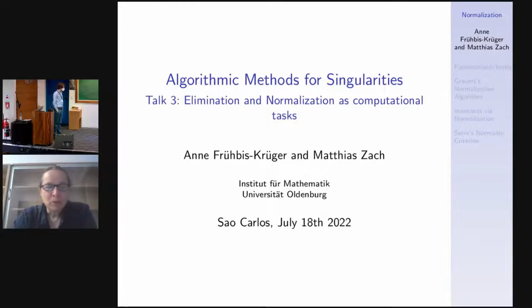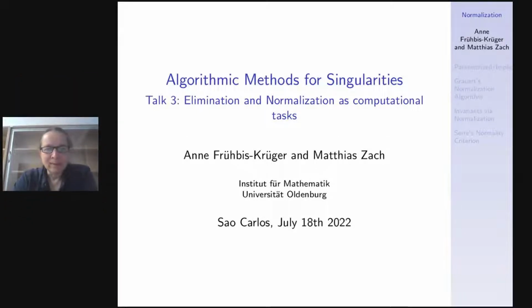So today is actually our third talk. The first one was double length. And today we are talking about elimination and normalization as computational tasks. Maybe one word in advance. I'm picking examples from singularities, but I'm talking about algorithms and examples on how to use algorithms to compute what you want to compute.